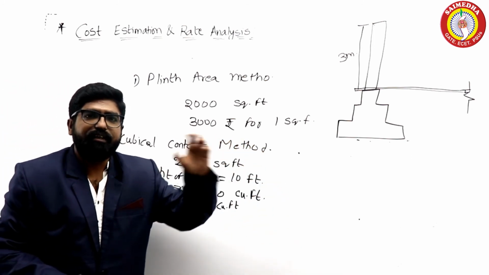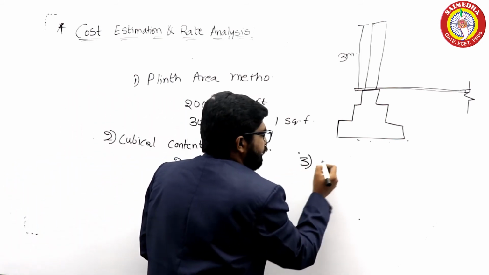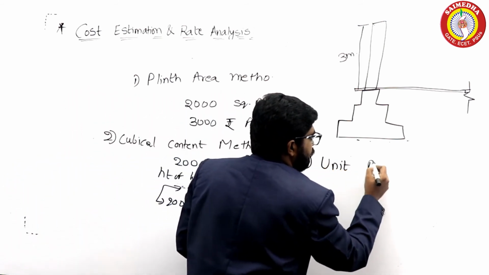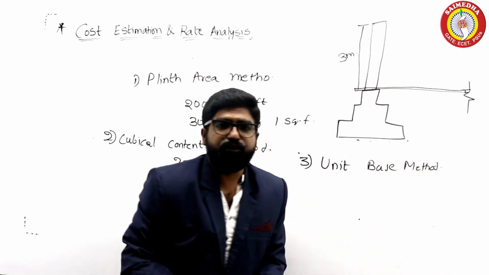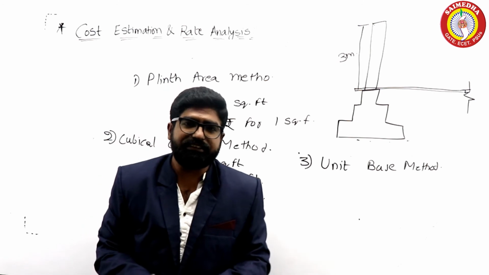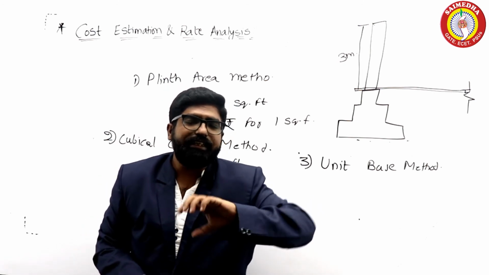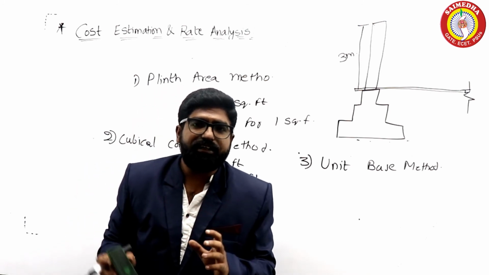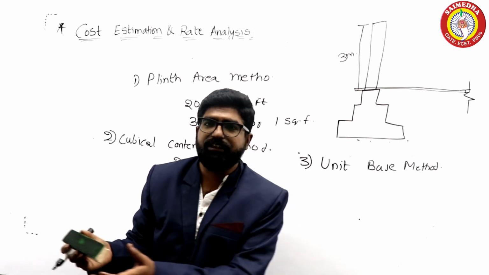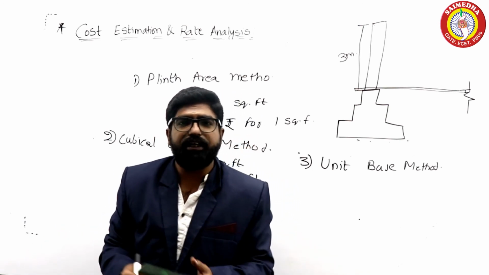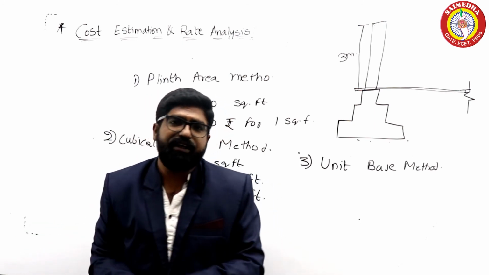And the last method in this approximate method is number 3, the unit based method. Suppose you are going to construct some facilities like school buildings or hospital buildings. How they calculate in the approximate method is, they will calculate how many students are going to join a school or how many patients are going to come here. So depending on that, they will calculate the number of benches required or the number of beds required in a hospital.